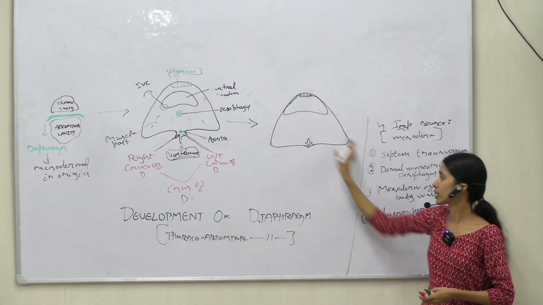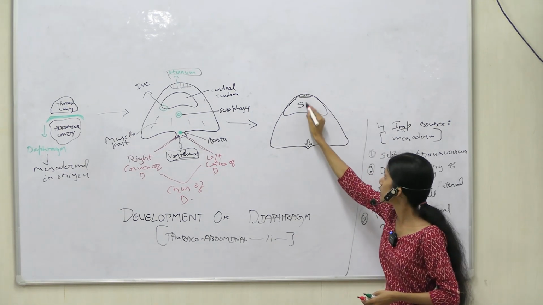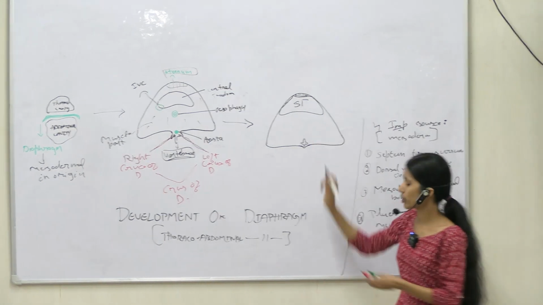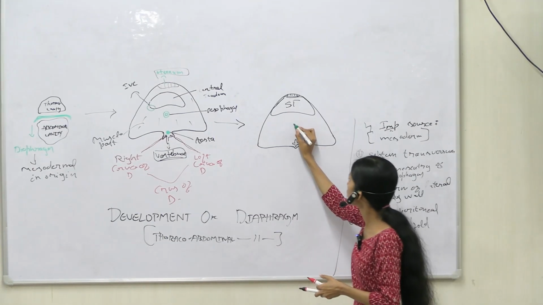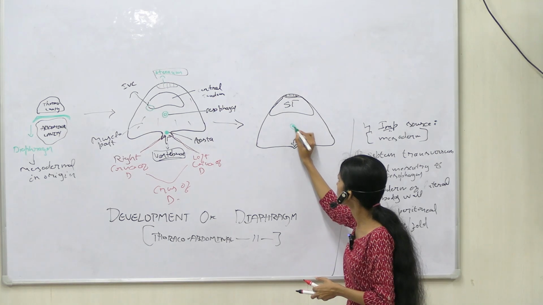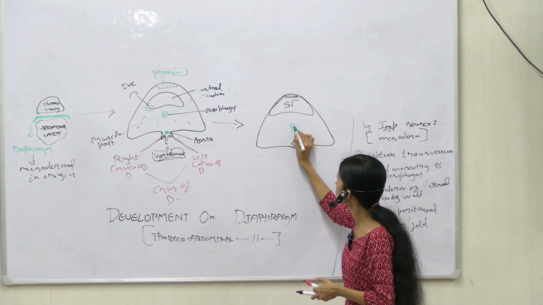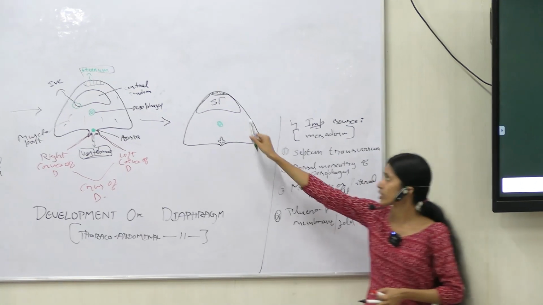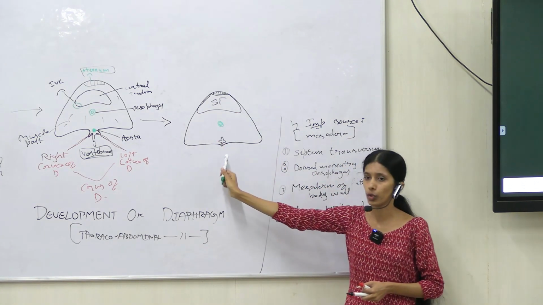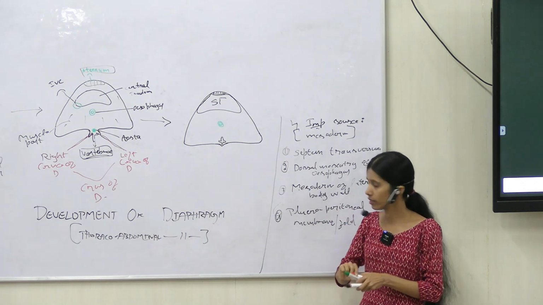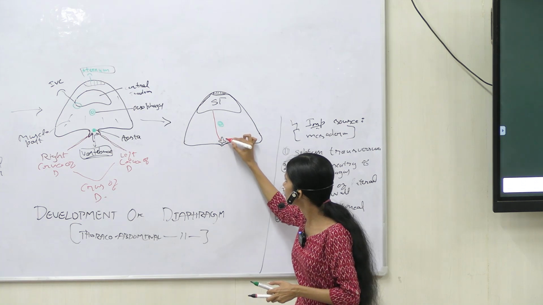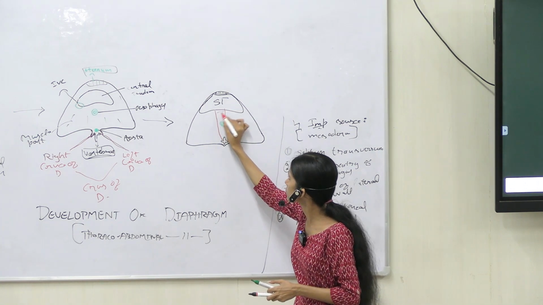Below the sternum we can see septum transversum. Okay. And below the septum transversum we have esophagus. This esophagus is connected to your sternum and also to your vertebrae by a mesentery. Okay, like this.